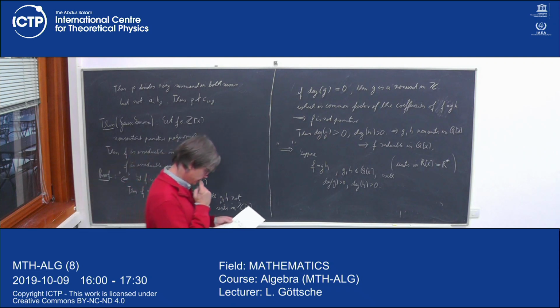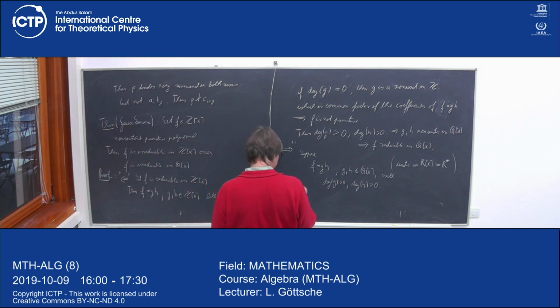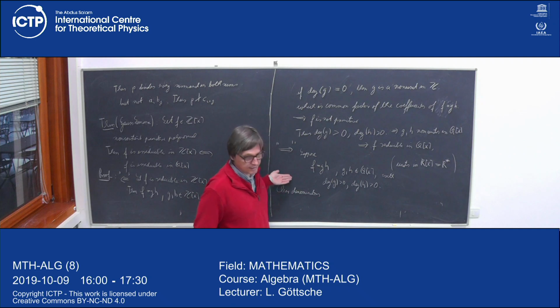What we do is we clear the denominators. So we multiply with all the denominators in the coefficients a_i of F, and then we divide by the greatest common divisor of the new coefficients.